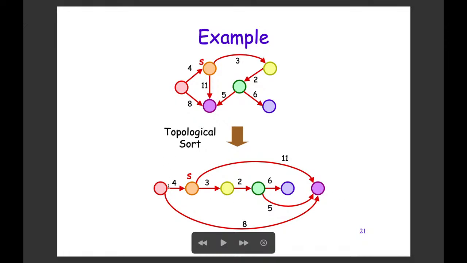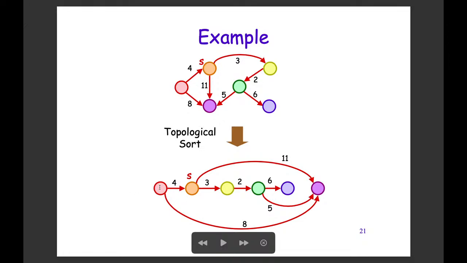Then we process the vertices. First of all, there is a source vertex S. For all the vertices that appear before S, there is no way for S to go to that vertex, because there is no edge going from right to left.